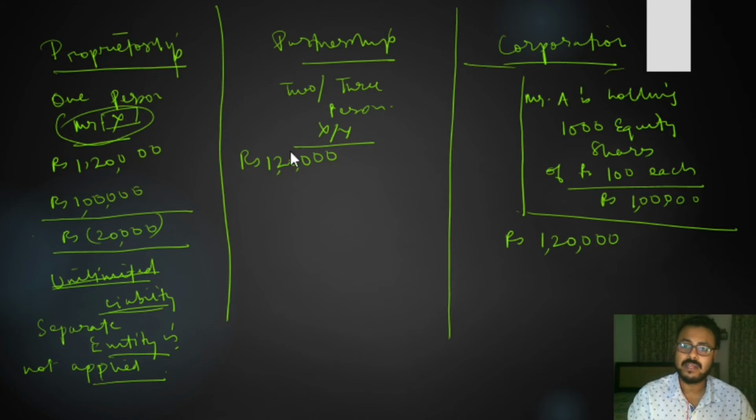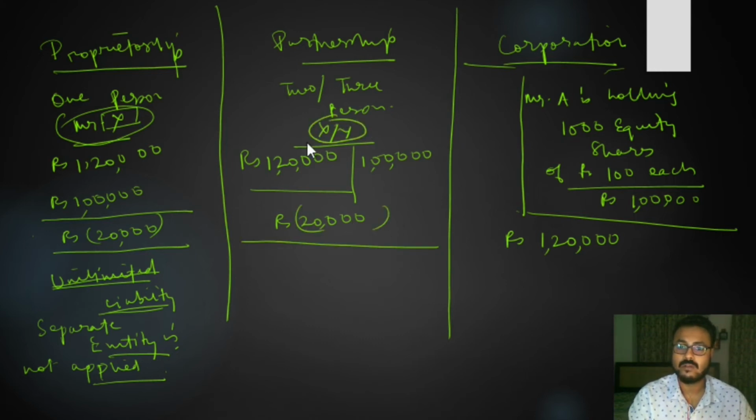The same applies with partnership also. Suppose X and Y have in their business rupees 1 lakh. After paying this amount, rupees 20,000 again remains to be paid. So this has to be paid from Mr. X and Mr. Y's pocket. This is again unlimited liability.